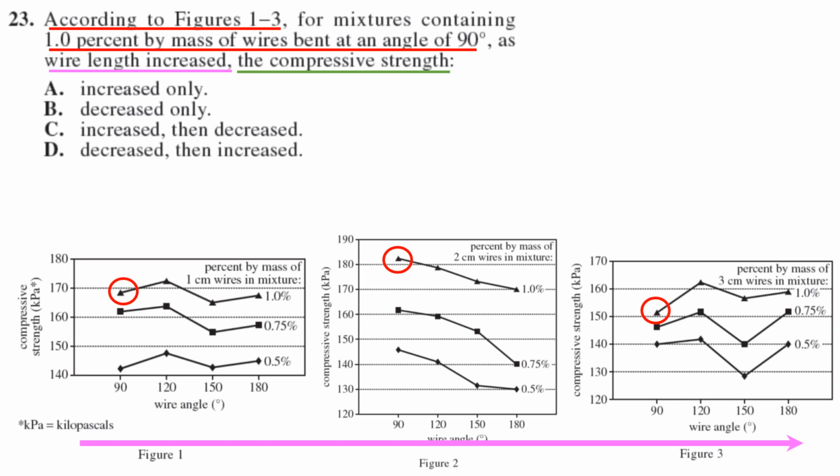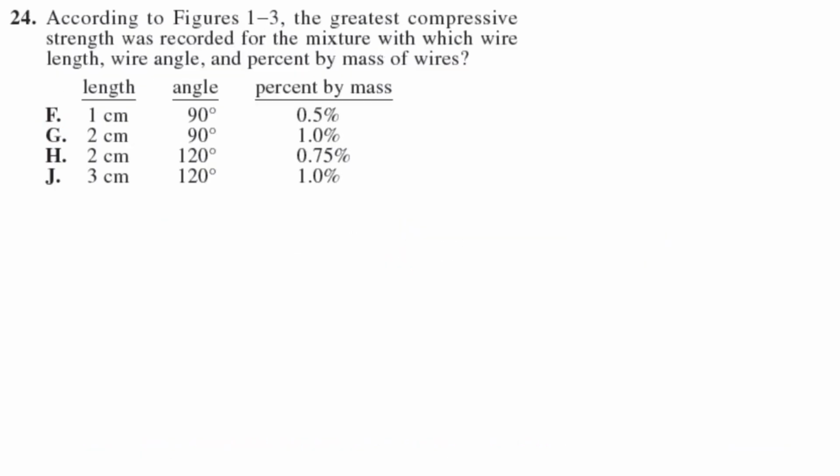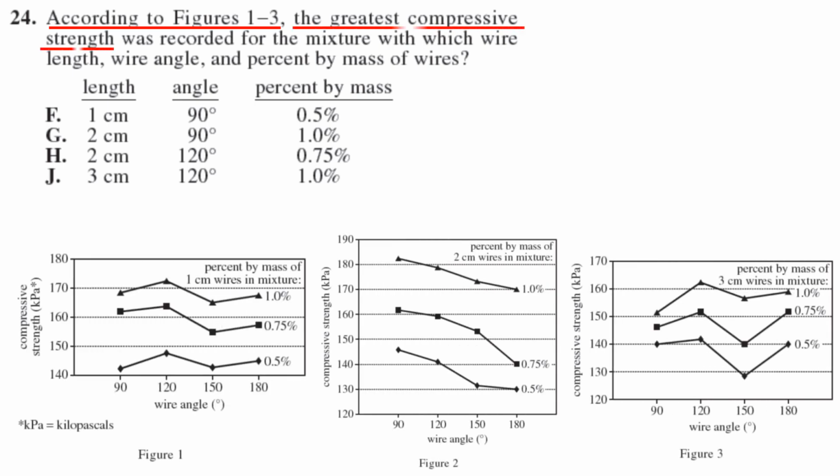What happens to compressive strength? So in the 1 centimeter is 170, 2 centimeters 180, and 3 centimeters 150. So it increases, then decreases. Choice C.